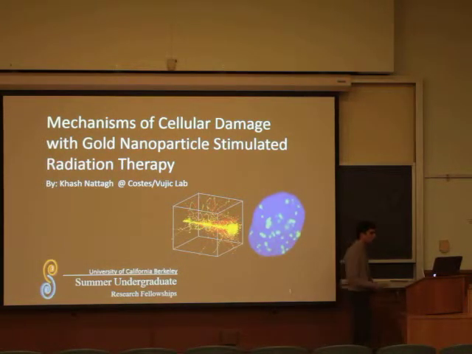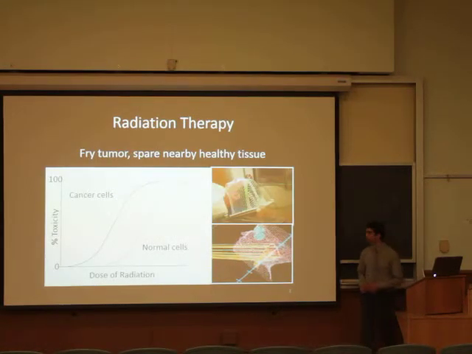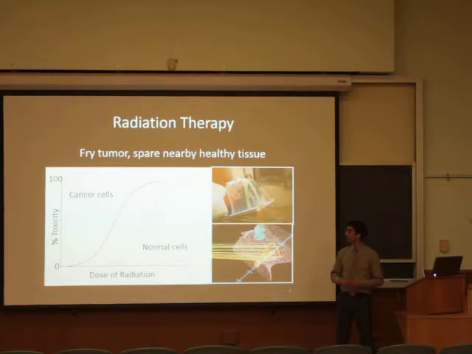Before I talk any further about my work, I want to go over some fundamentals of radiation therapy. In radiation therapy, you often have a tumor surrounded by soft tissue, and you're trying to deliver a lethal dose of radiation to that tumor. Clearly, the radiation will have to move through some healthy soft tissue before hitting the tumor, so there's going to be some collateral damage.